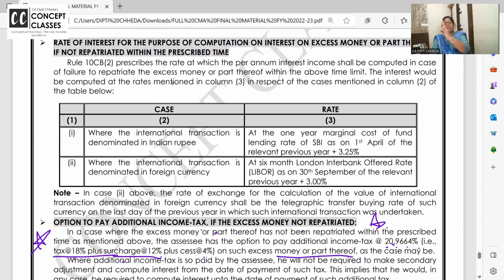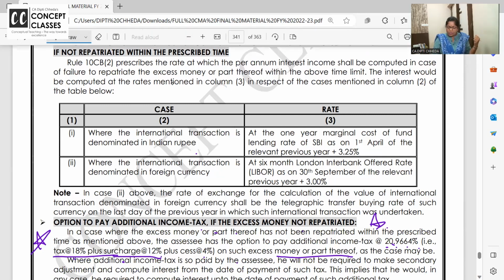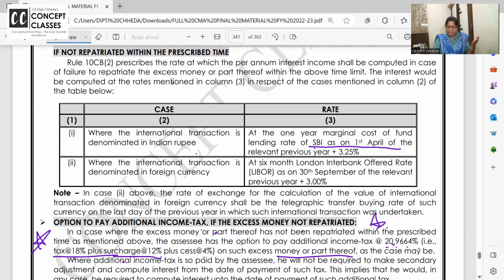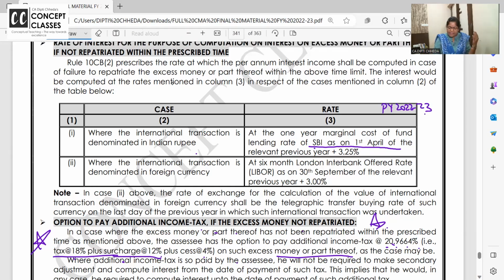Now, if the amount is not repatriated in India, then interest is charged. If the international transaction is in rupees, then the SBI's 1st April lending rate relevant to the previous year. Our financial year is 22-23.